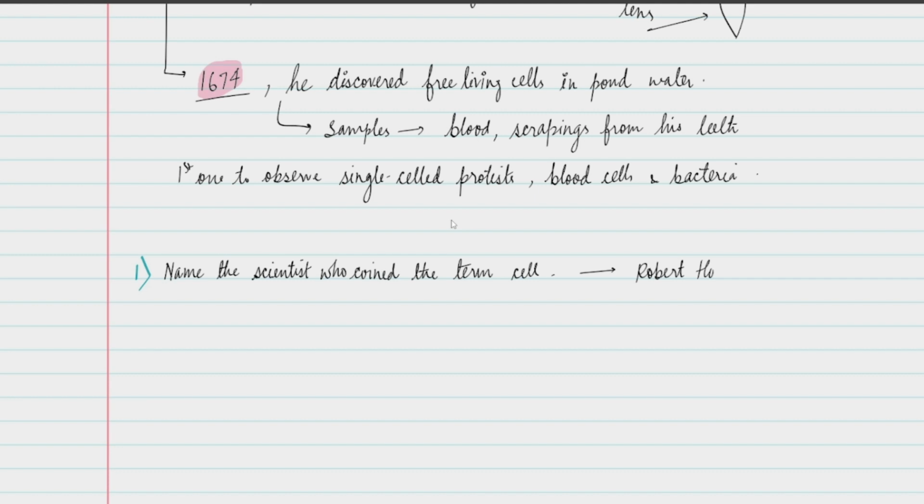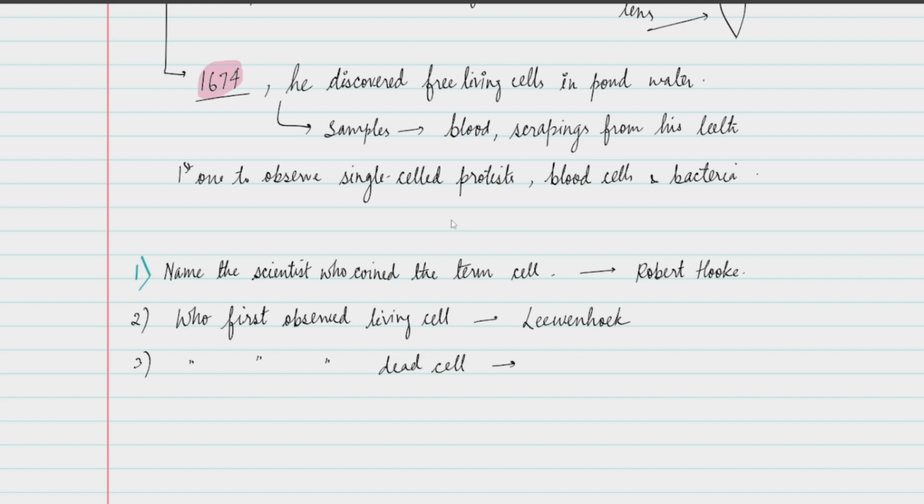Next question. Who first observed living cells? And the answer is Leeuwenhoek. Who first observed dead cells? Answer is Hooke. Robert Hooke.